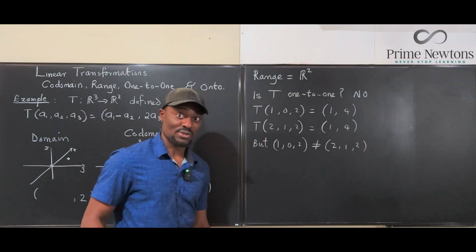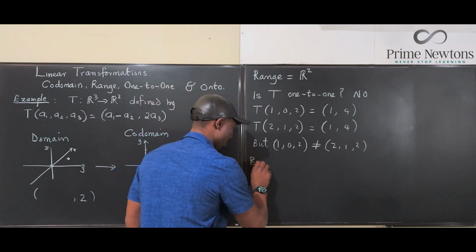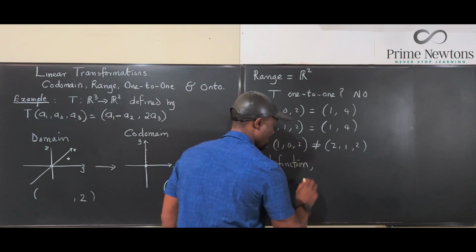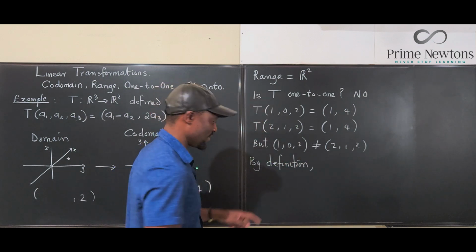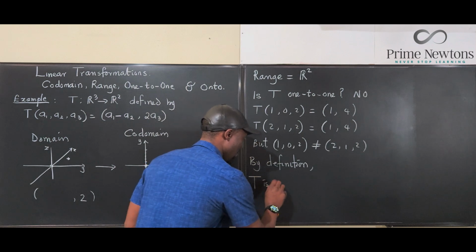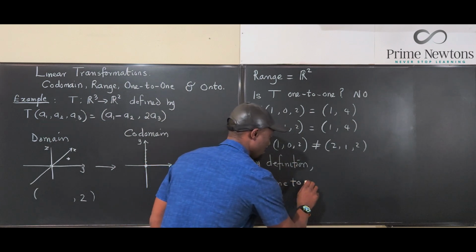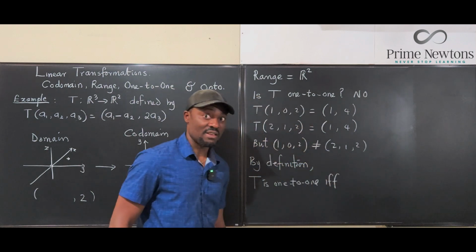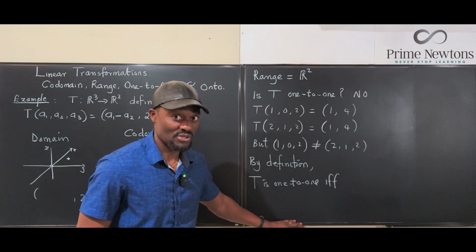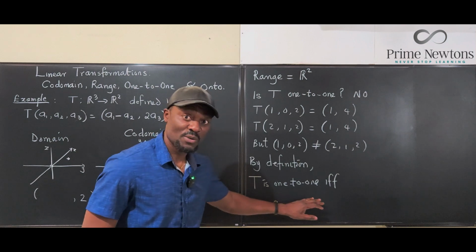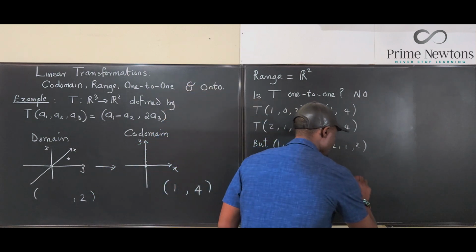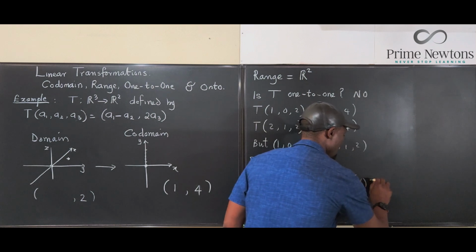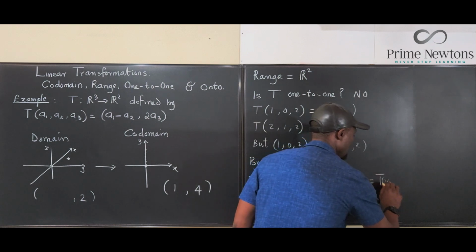So by definition, I should have given you the definition first. T is one-to-one if, actually, and only if, it is an if and only if situation, T is one-to-one if and only if T of V1 equals T of V2.